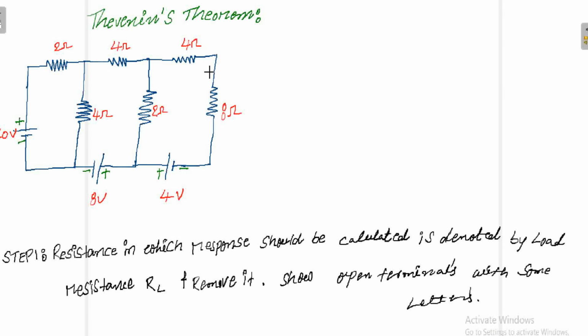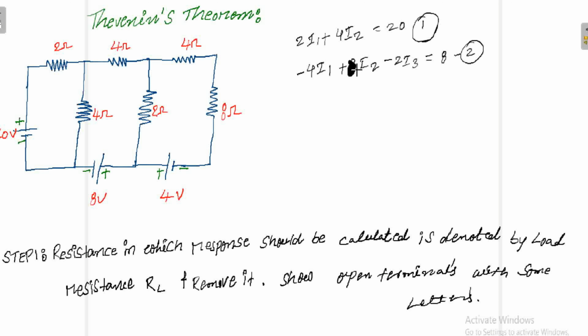So what we have done, we got some equations. First equation: 2I1 plus 4I2 equals 20. This is your first equation by applying KVL in this first loop. Next we got the second equation as minus 4I1 plus 8I2 minus 2I3 equals 8, by applying KVL in this loop.